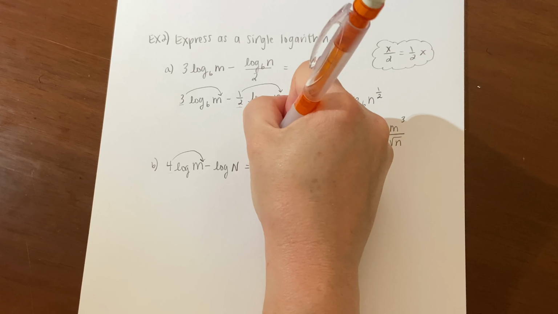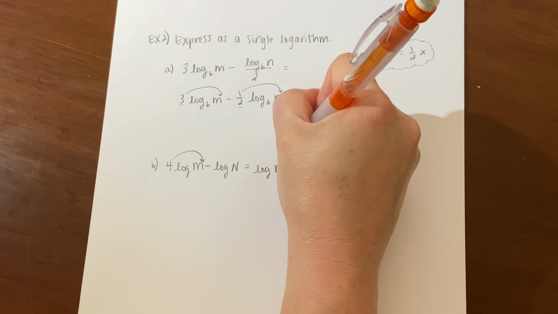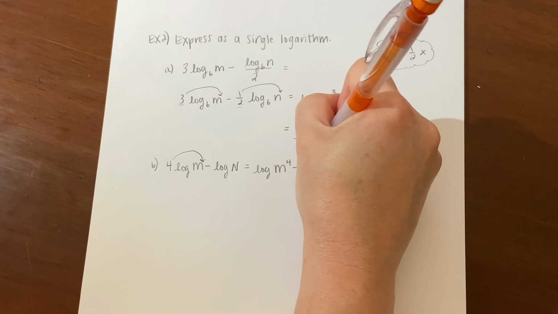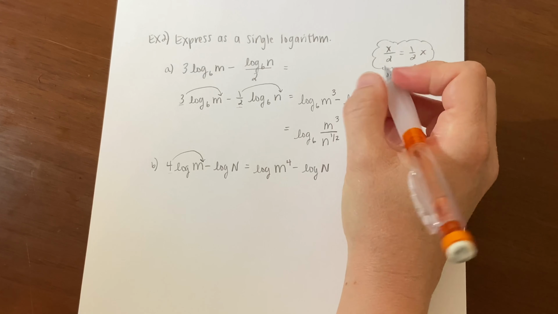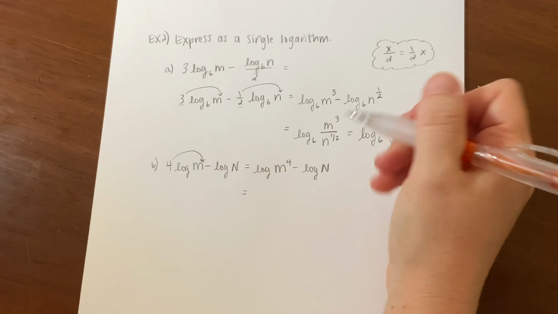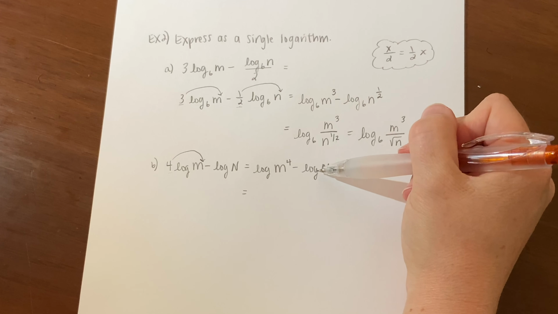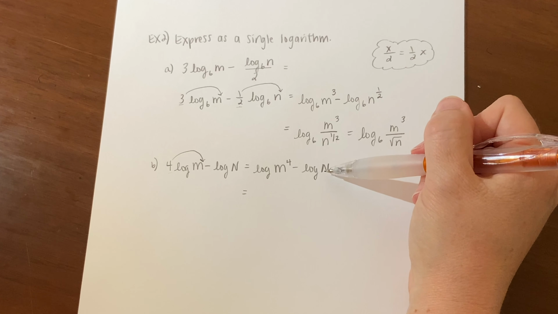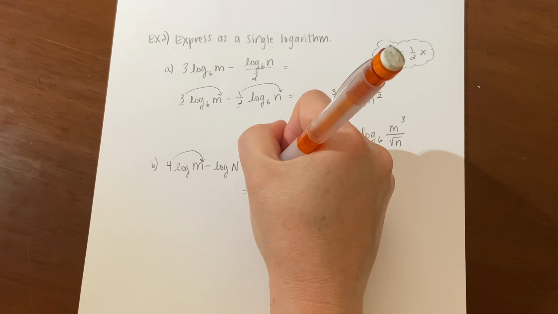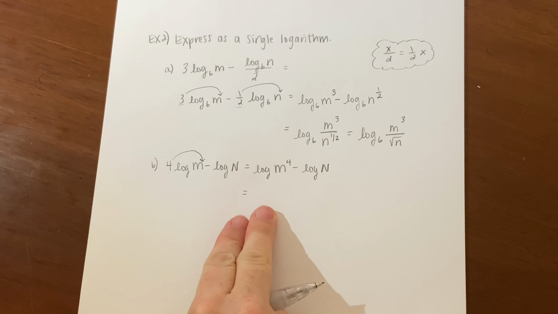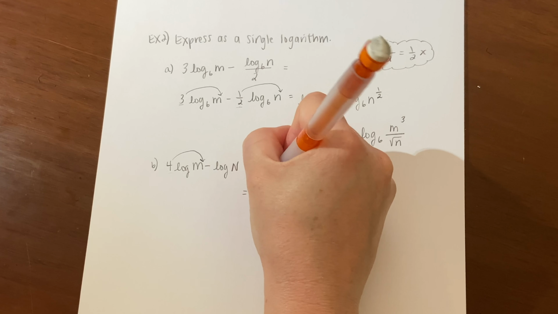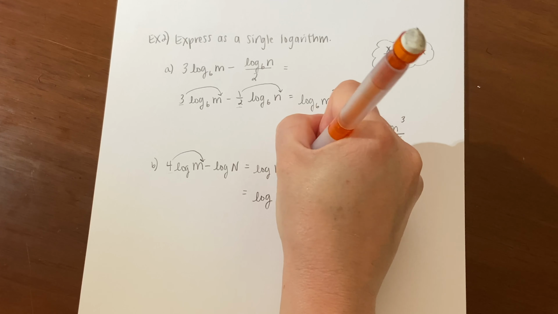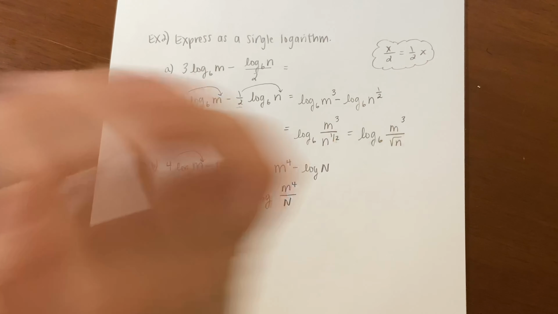So this is going to be log of m to the 4th minus log of n. Then we've got 2 logs that are separated by subtraction. If they're separated by subtraction, they are going to condense using division. So 2 logs condensed into 1. I'm only going to write log one time. m to the 4th over n.